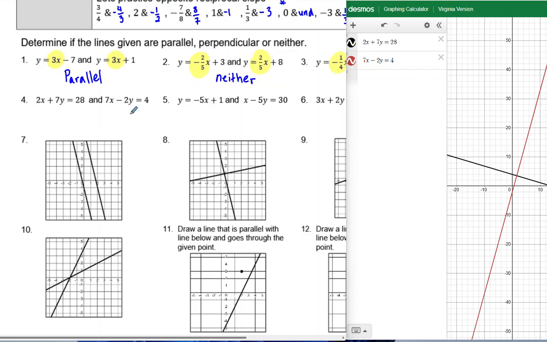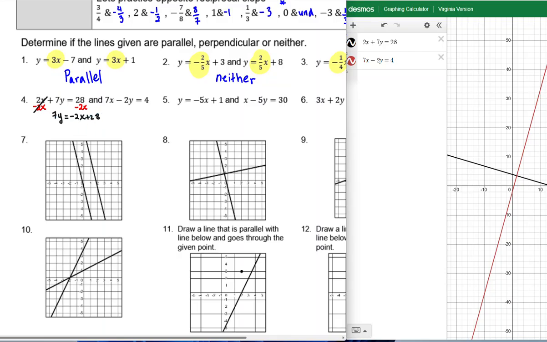I'm going to say perpendicular, but let me now show you how to do this by changing into slope-intercept form. Slope-intercept form means you have to get y by itself. So I'm going to take the x term over, minus 2x, minus 2x. That crosses out, so I just have 7y equals negative 2x plus 28.